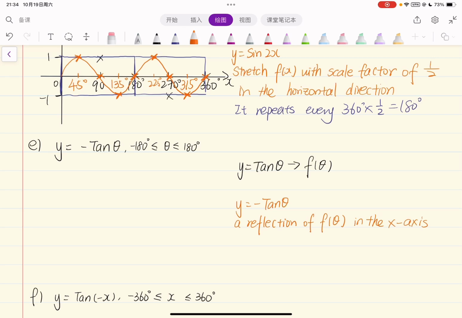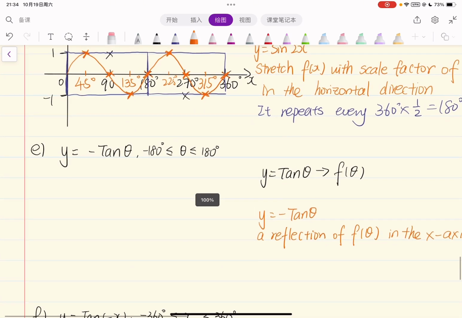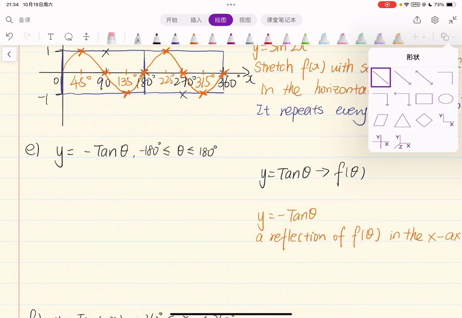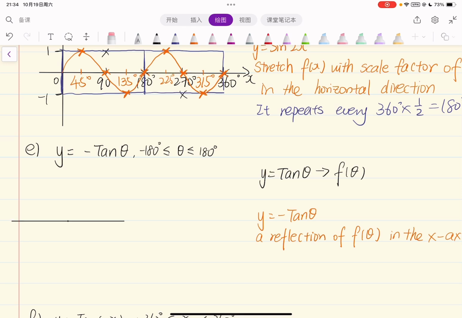Now let's quickly draw y equals tangent theta at first.